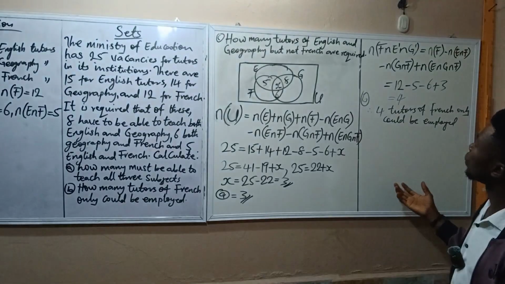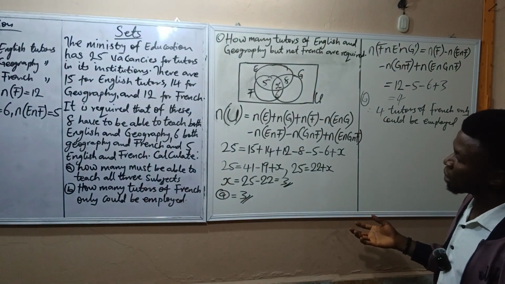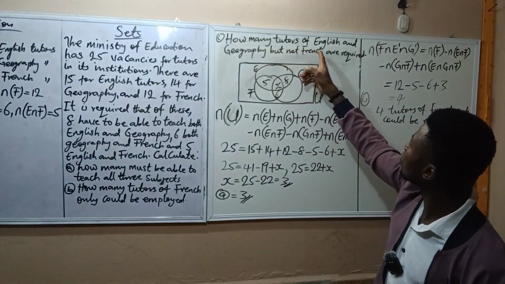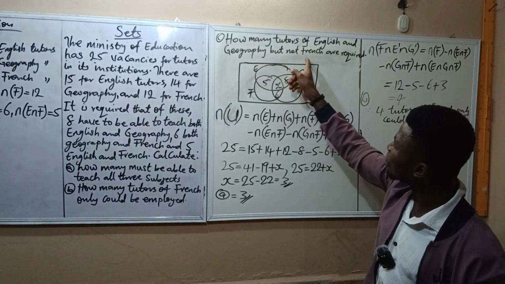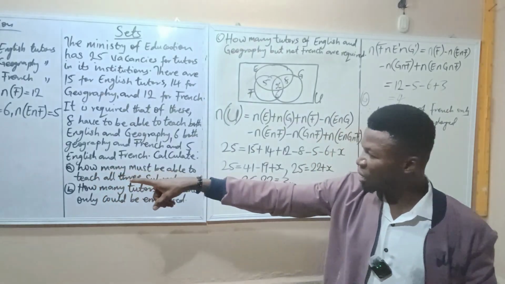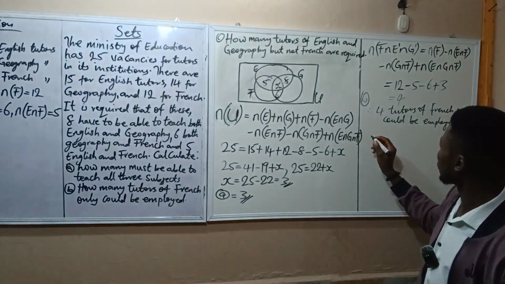Right? Now the very last one, which is the last question, says: how many tutors of English and geography, but not French, are required? That means the number of E intersection G intersection F prime.